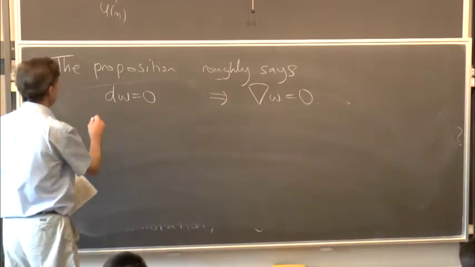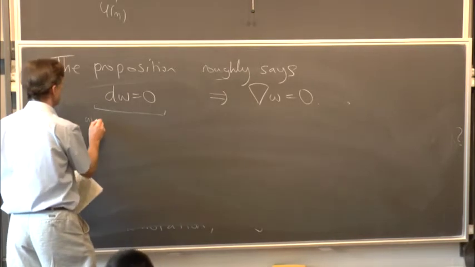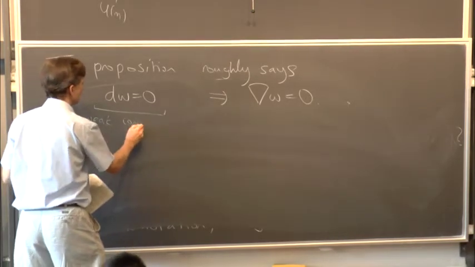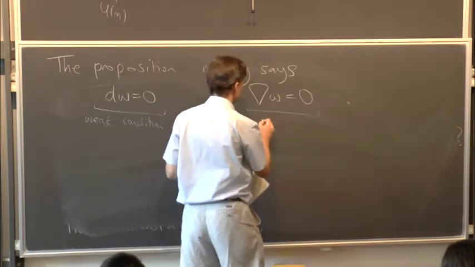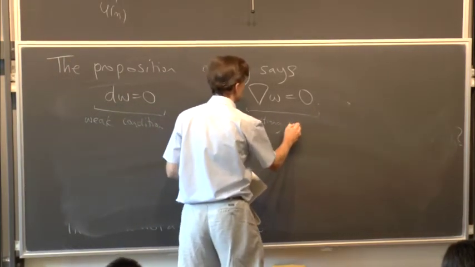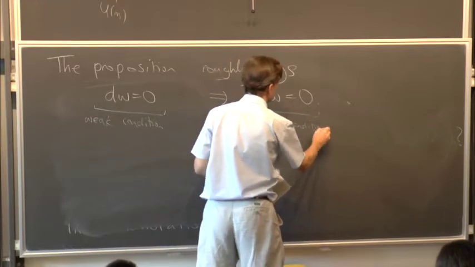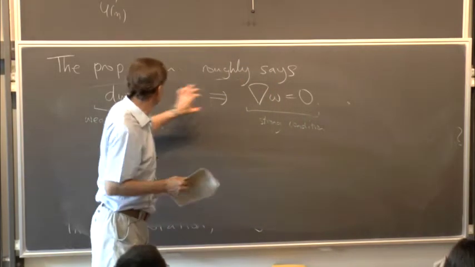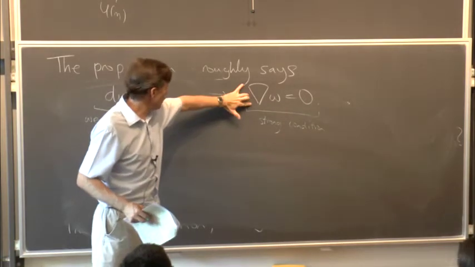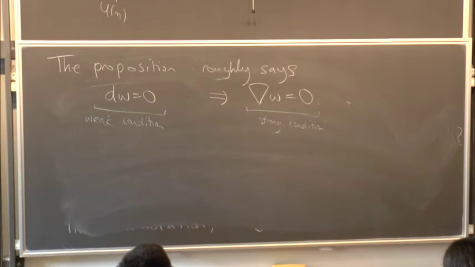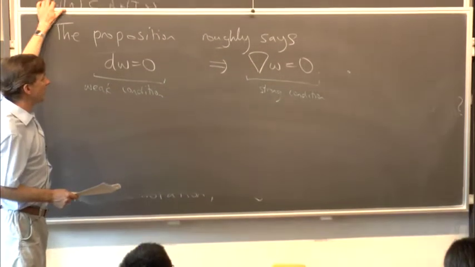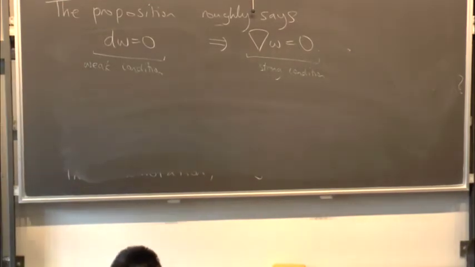So this is basically a weak condition, whereas this is apparently a much stronger condition. And so this clearly implies that, because this is just more equations on omega than that. It includes some of those equations. And somehow this tension between the weak and the strong gives Kähler geometry some of its good properties.